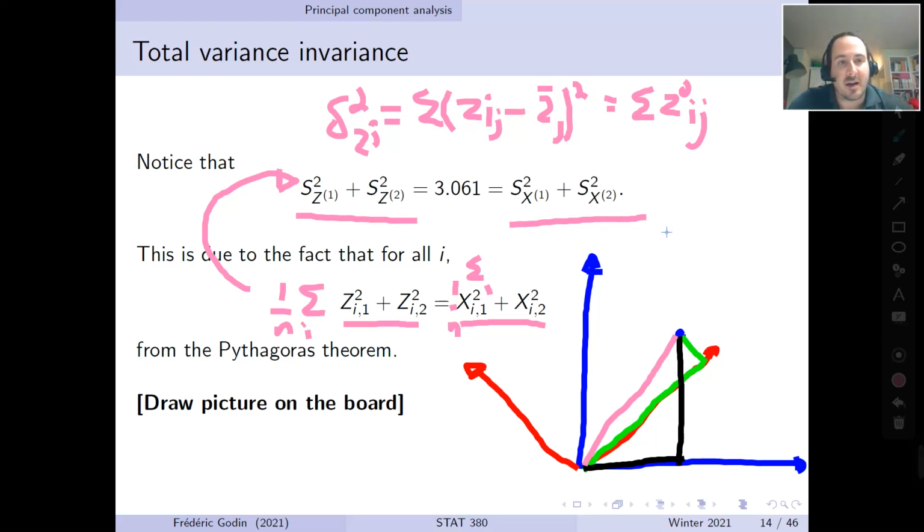So the idea here is, if we want to minimize the variance for one of the coordinates, which is what we want to do, because if we minimize the variance for one of the coordinates, we might ultimately be able to drop this coordinate and do an approximation because it's negligible.